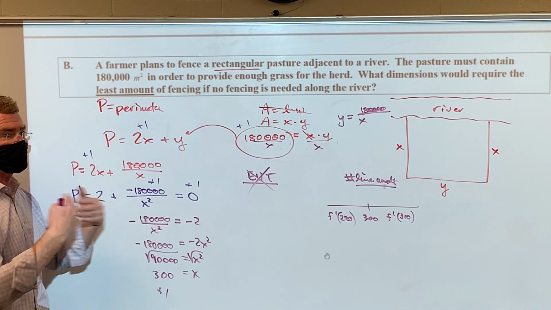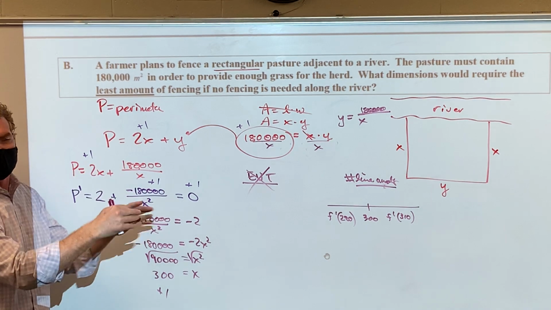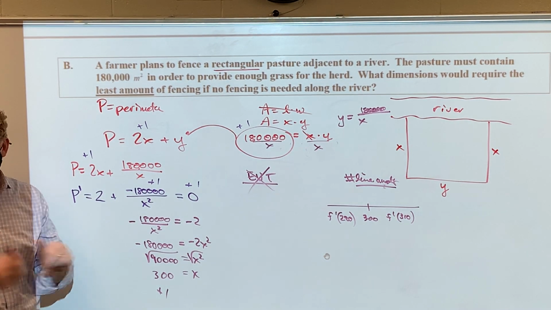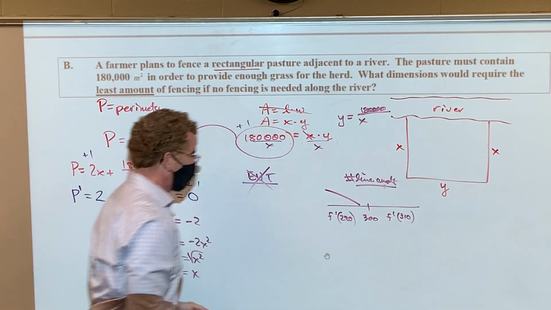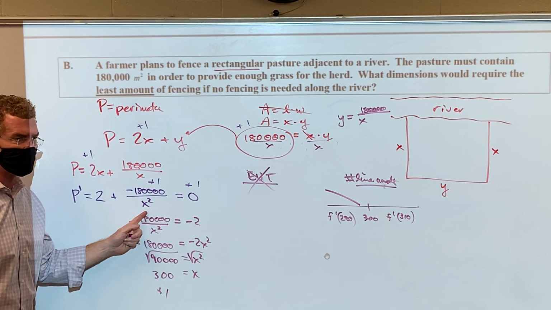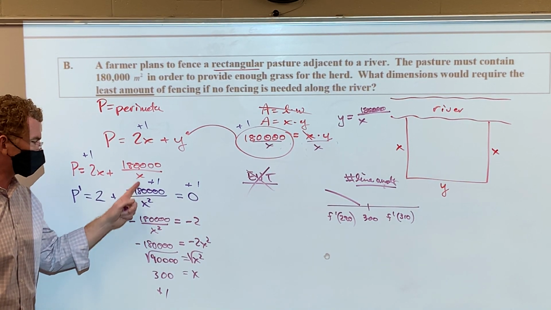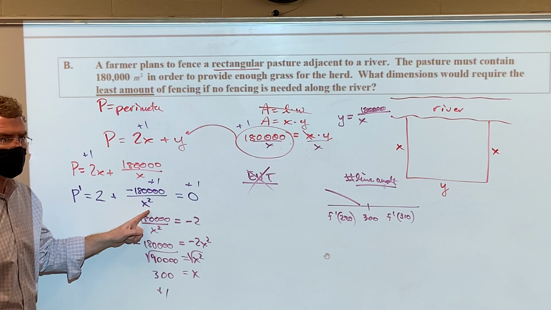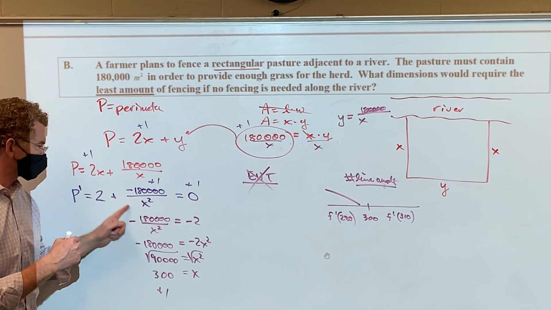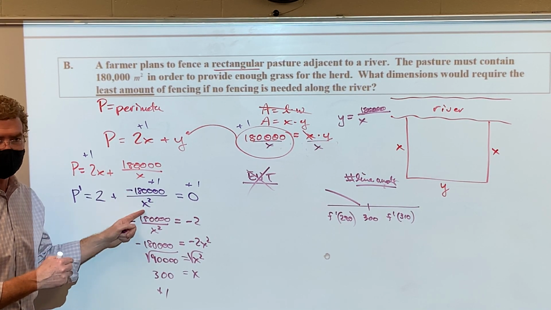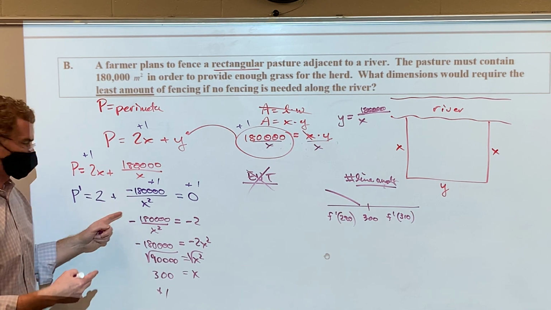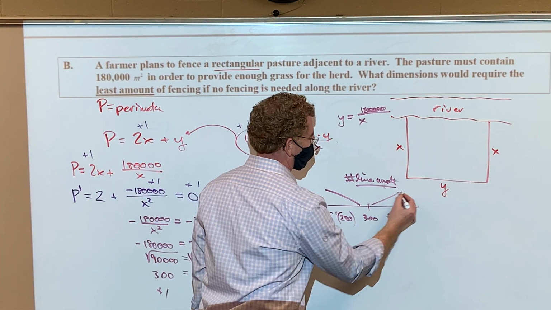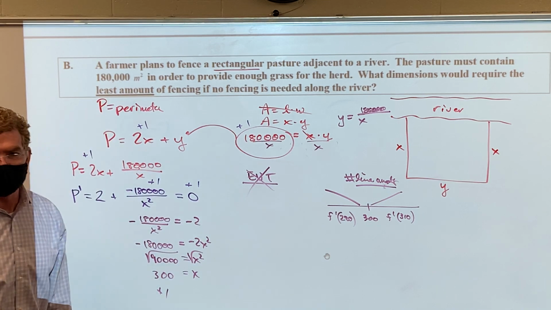And a 2 plus an even bigger, I guess smaller technically, negative 2 point something would be negative. And then if 300 gives me 90,000, which is a negative 2, then 310 would give me bigger than 90,000, which would make that smaller than a negative 2. Are you tracking with me? Which makes that positive. And again, you can see that is minimized.